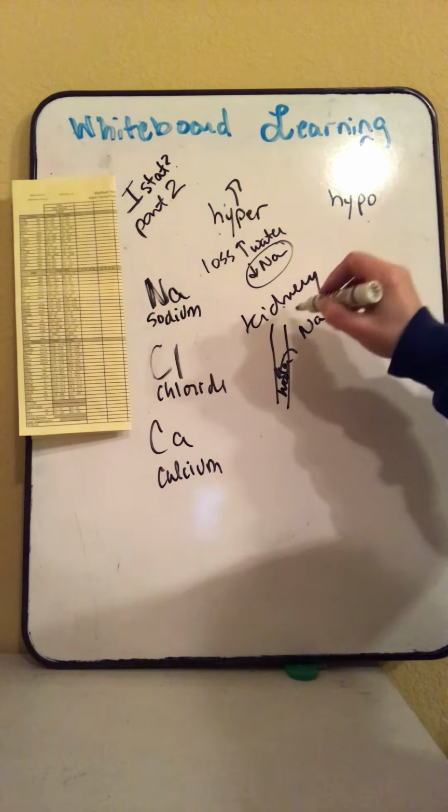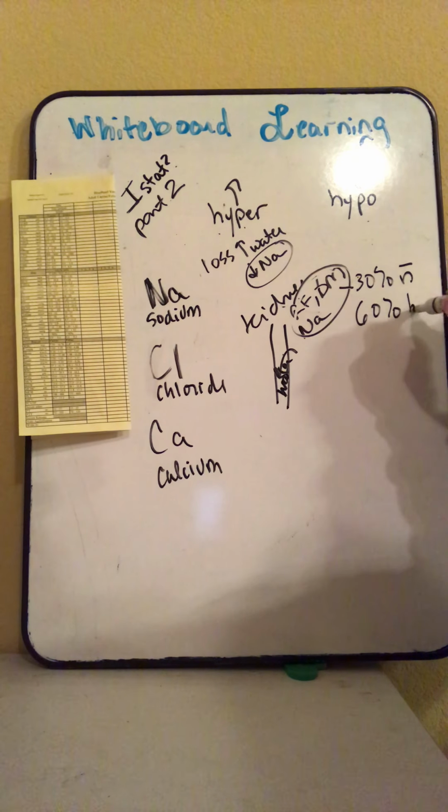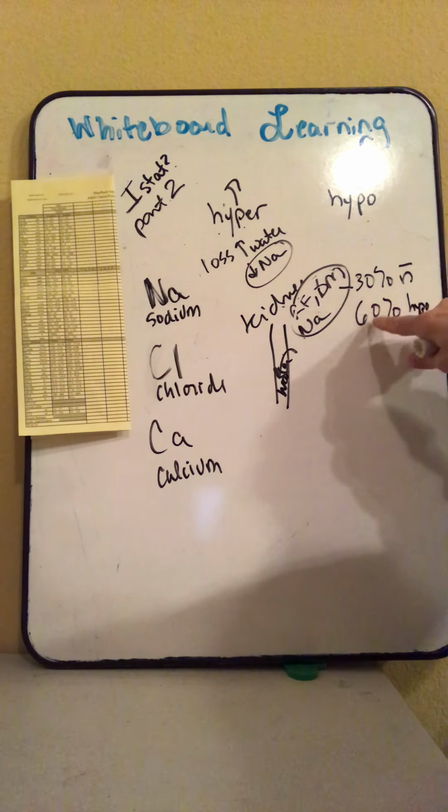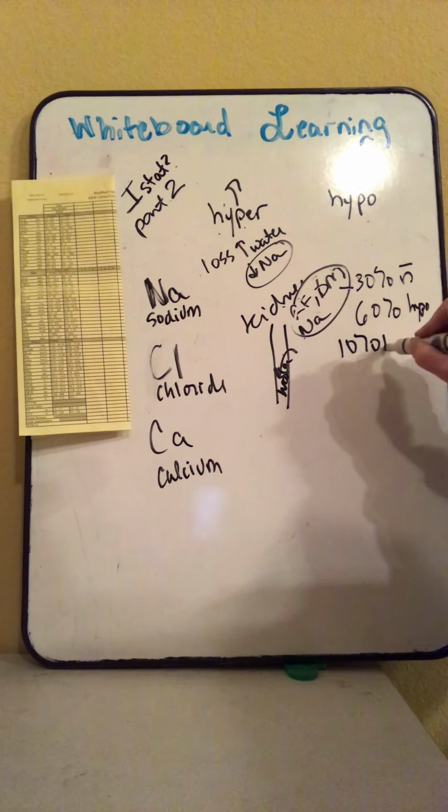But if I look at the percentages here, so who of these guys is hypernatremic versus hypo, since I've put that in both categories, probably a good 30% are normal and not hyper or hypo, but then of the rest, probably 60% are hypo. Diabetics and renal failures are hyponatremic, and maybe only 10% are hyper.